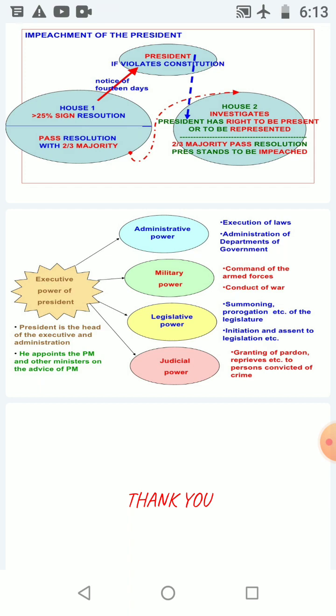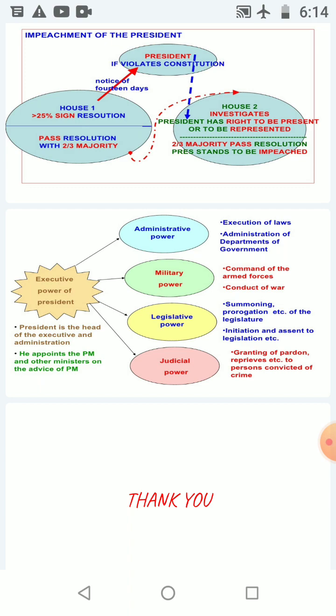In the last, we will understand the functions and powers of the president, which powers come under him. This is the flow chart of executive powers of a president. No bill can become a law without the signature of the president.